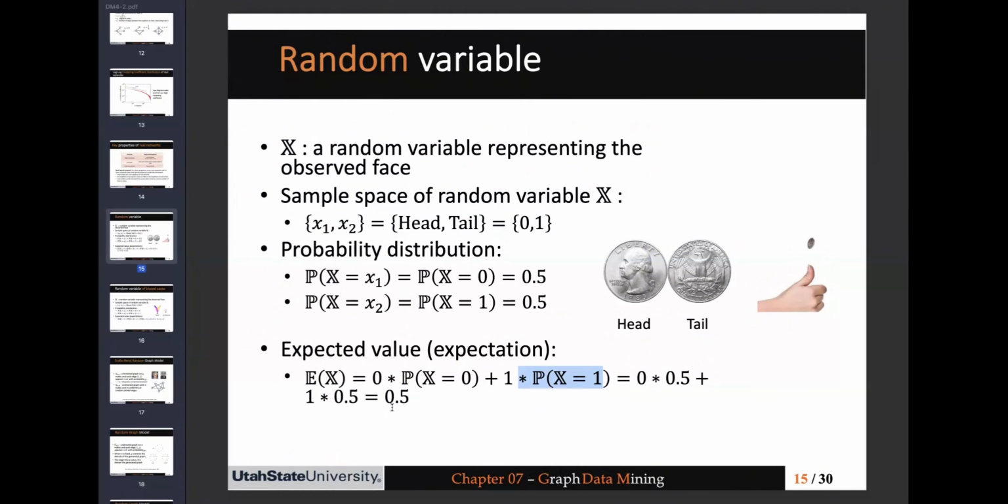So the expected value is nothing but a fraction or a rate, not the actual observed outcome of today's experiment. Expectation is over multiple trials: what can we expect as the possible outcome in general, or on average?